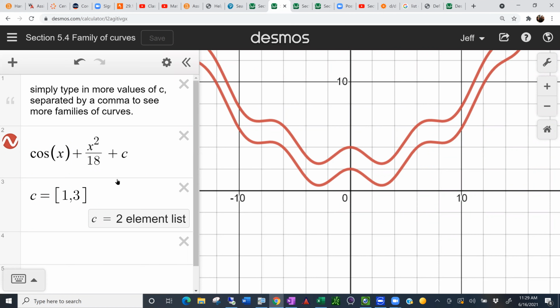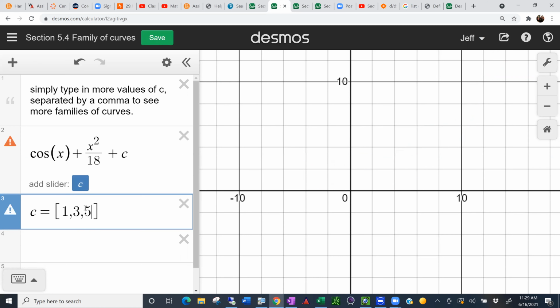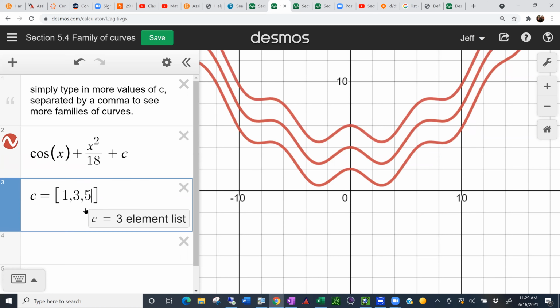So in this particular case, I've drawn two different curves here with different values of c. I let c equal 1, and c equal 3. What other values of c can we put in that would be of interest? You put them in with a comma. So comma, say 5. There's another one.